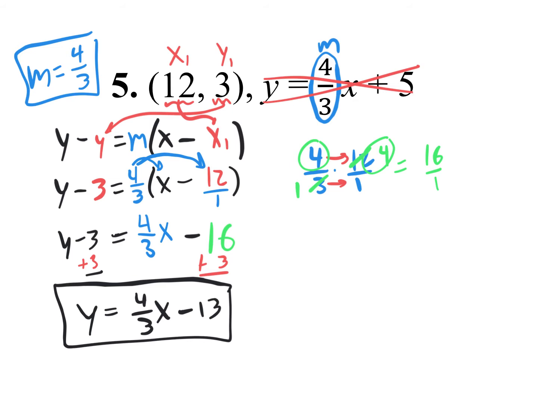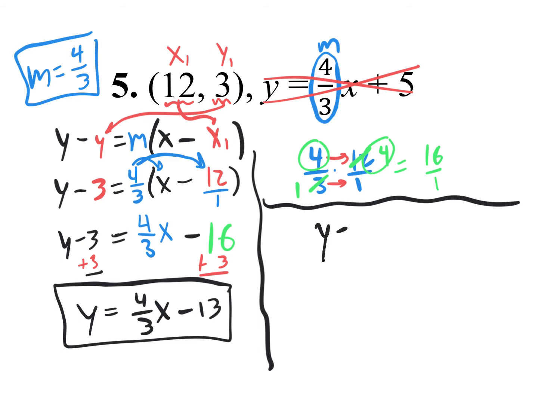Okay. Now, let's say you didn't want to deal with point slope form even though they gave you a point and a slope. Let's say you wanted to stick with slope-intercept form. Okay. So I'm going to show some work right here in this area. Let's say I wanted to stick with y equals mx plus b.